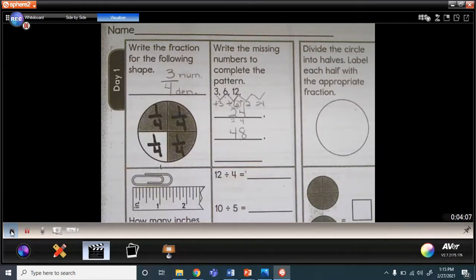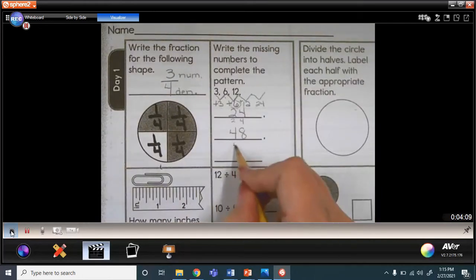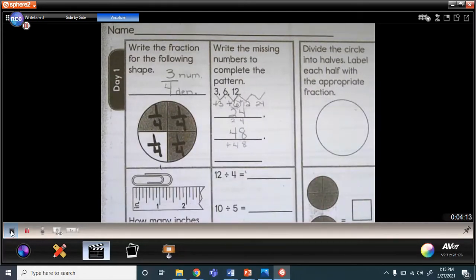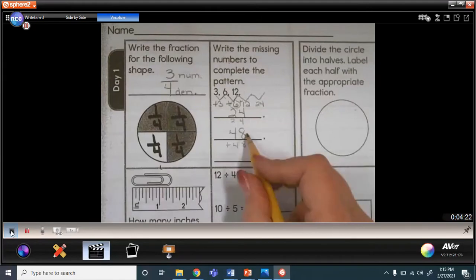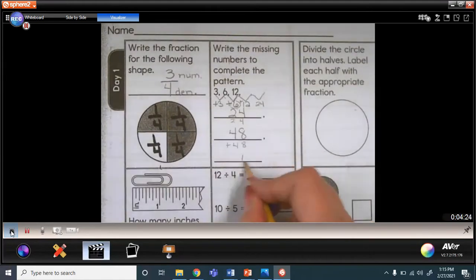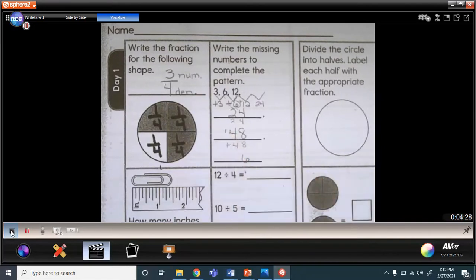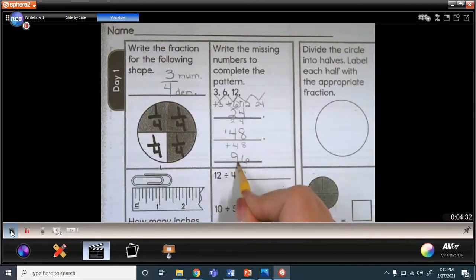What happens if I double 48 and add 48 and 48, or multiply it by 2? Because that's what's happening. I'm multiplying 48 by 2, because that's what double means. So 8 and 8 is 16. 40 and 40 is 80, plus this 10 that I just received from the 16 would be 96.